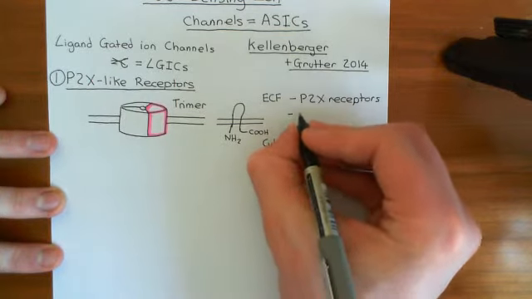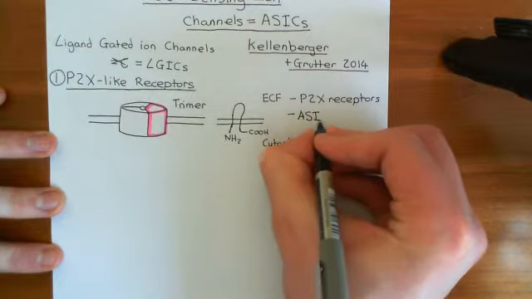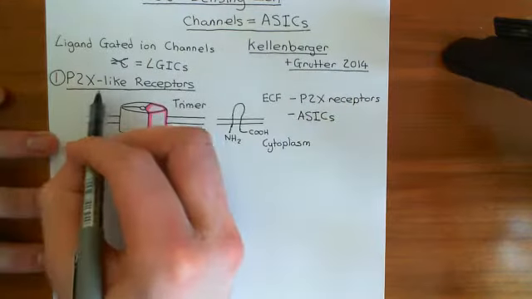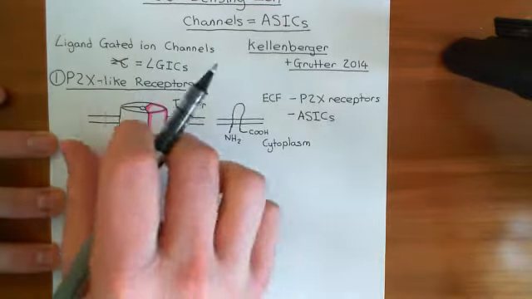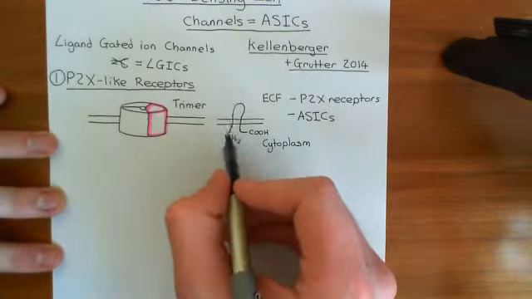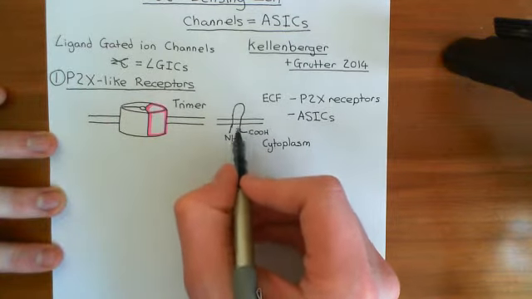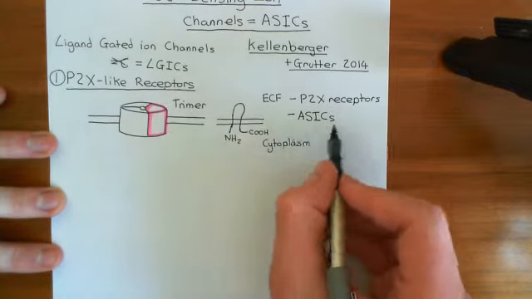Importantly for us, the acid-sensing ion channel family, the ASICs, is also a family within this family of P2X-like receptors. So all of the ASICs also have the same basic structure, where they're made up of trimers, which have individual subunits with a membrane-spanning topology like so. Okay, and we'll come back to that later.